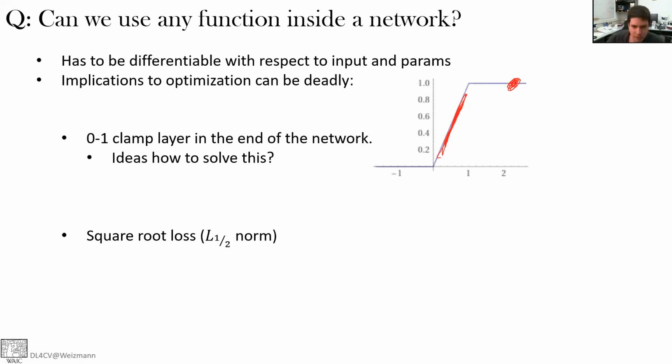What if I want to use, and this is something that in other disciplines is sometimes used to encourage the output to be sparse, an L-half norm, so that the loss of my network is going to be a square root of something.